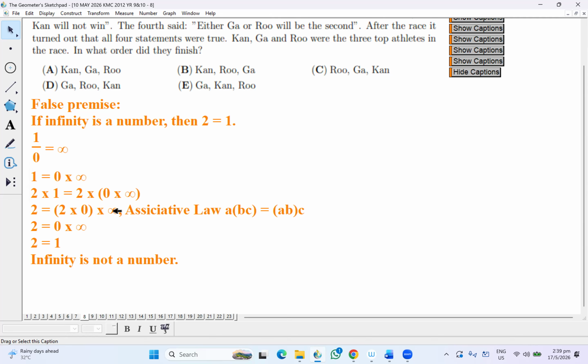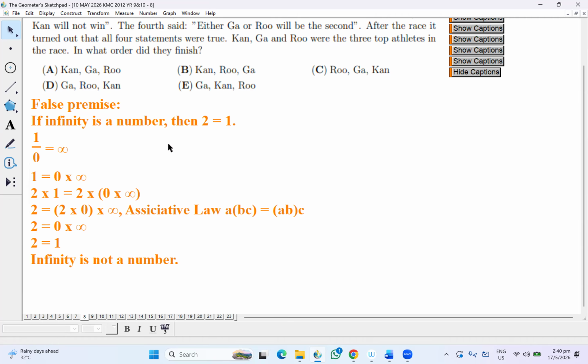Then we apply the associative law: A times B times C is the same as A times B first, then times C. So we can do 2 times 0 first, then times infinity. 2 times 0 is 0, and 0 times infinity is equal to 1. So 2 equals 1. So this is of course not true. So this is one way to show infinity is not a number.